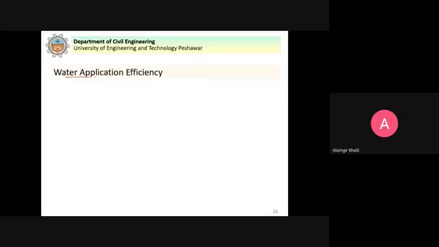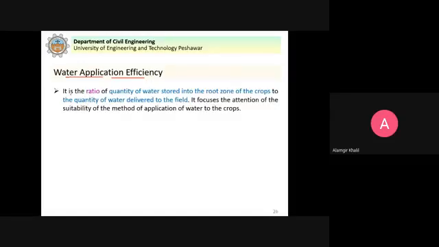Next we have water application efficiency. It is the ratio of the quantity of water stored in the root zone of the crops to the quantity of water delivered to the field.